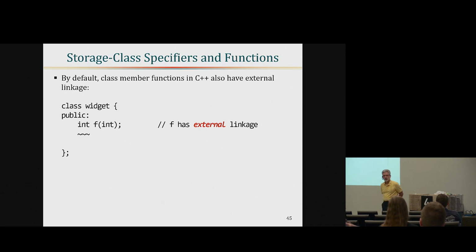Class members in C++ have external linkage by default. Those of you who do program in C++ know that you commonly place class definitions in header files. And you include those all over the place and create objects of that type and call member functions on them. And nowhere did you say these things were extern. You just treat them as if they are. They have external linkage by default.